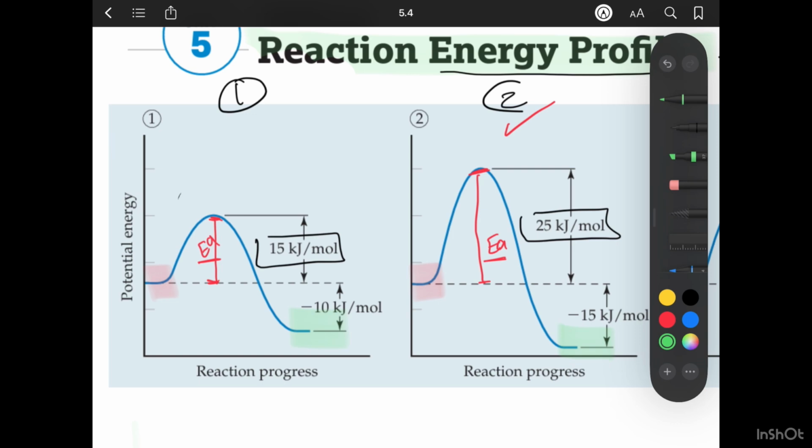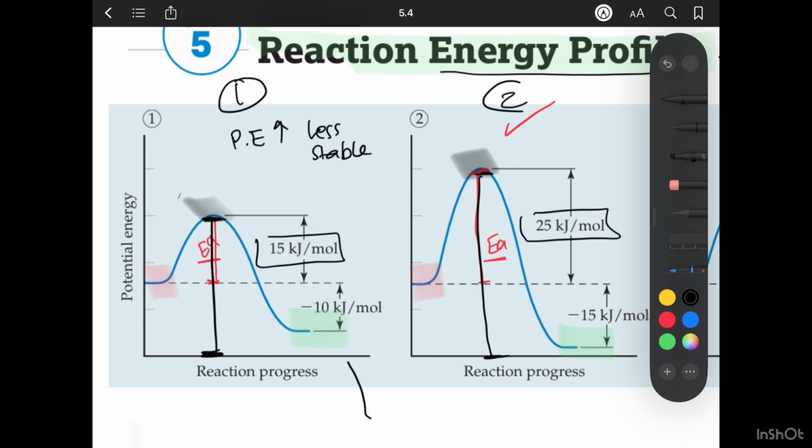But keep in mind something. If I ask you what's the magnitude of the activated complex energy, you have to say it's from down below to the top. So imagine that it's a really great amount of energy. This is highly unstable. One more thing to discuss: the higher the potential energy, the less stable it becomes.